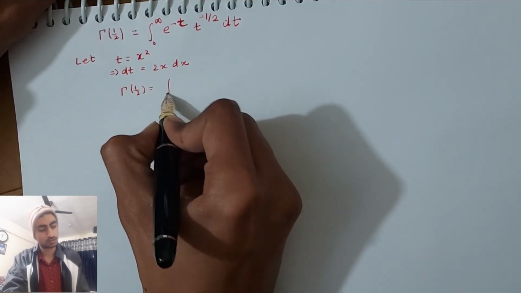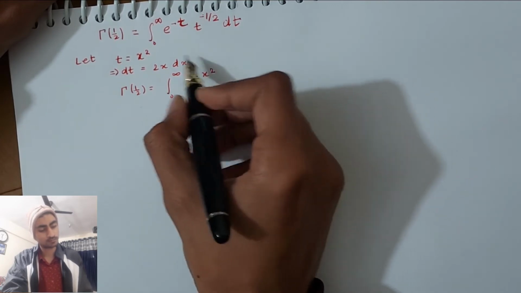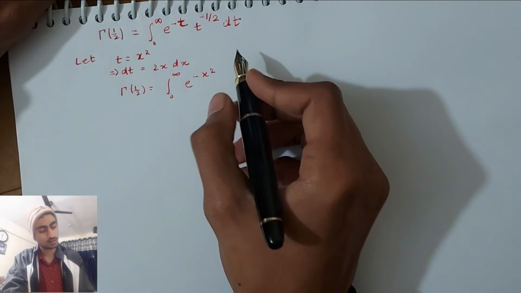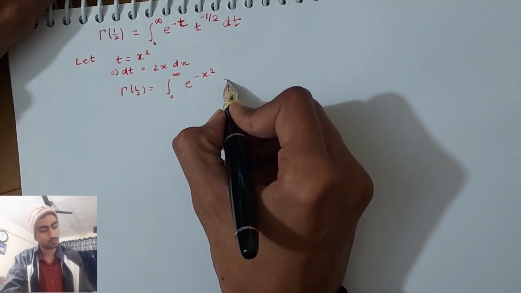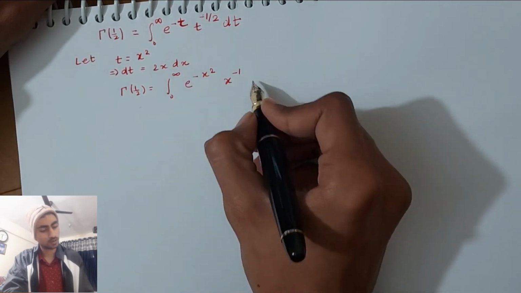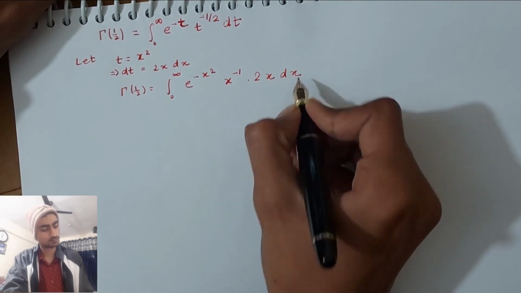is equal to the integral from 0 to infinity of e to the power minus x squared. In place of t we can write x squared, and it will become x to the power minus 1, and for dt we will write 2x dx.